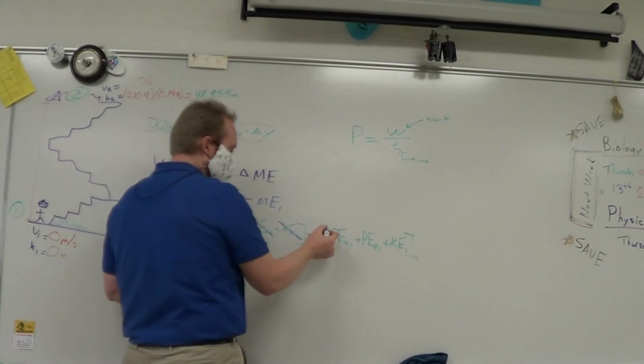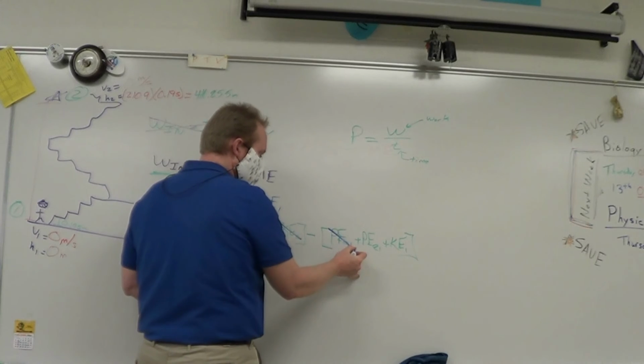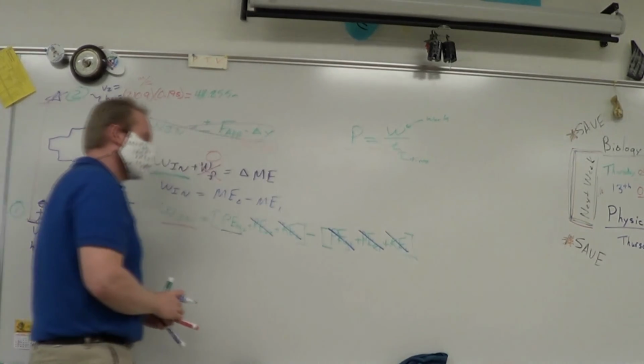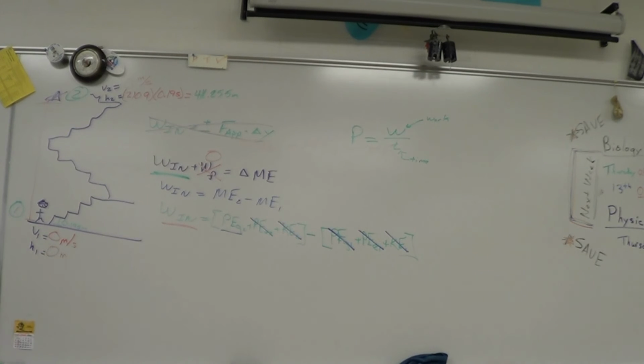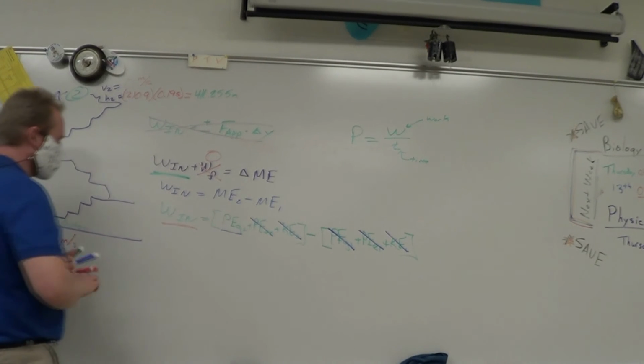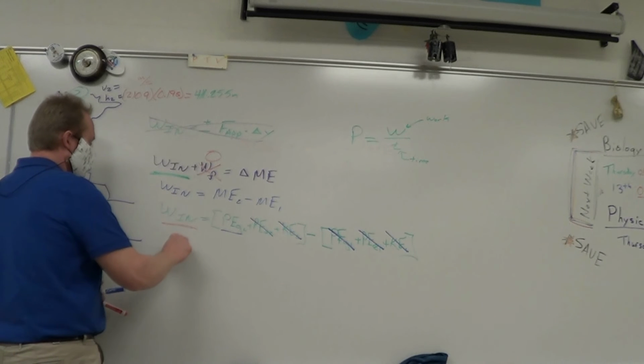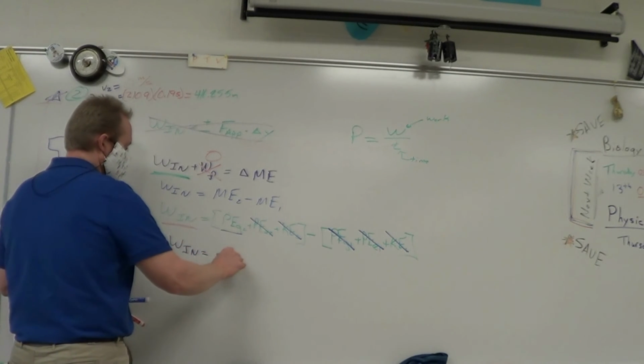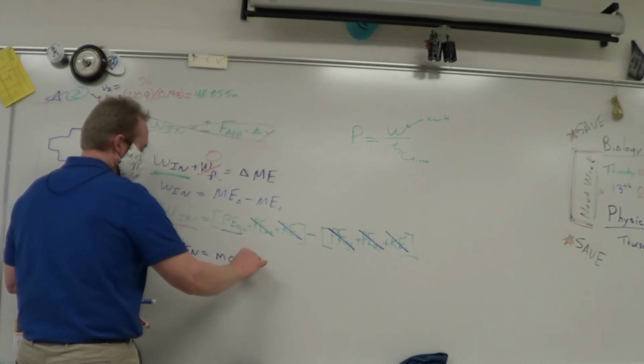At the bottom, there was no height, there was no compressed spring, and we said that'd be cheating if you were moving before we started timing. So this equation really simplifies down quite a bit to be our work in is equal to M times G times H.